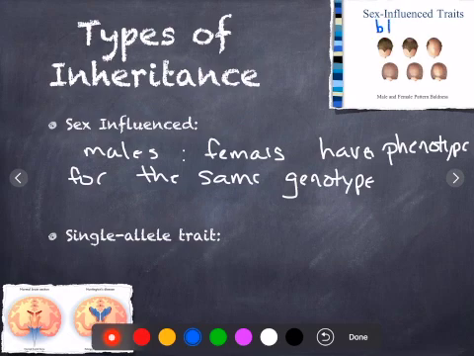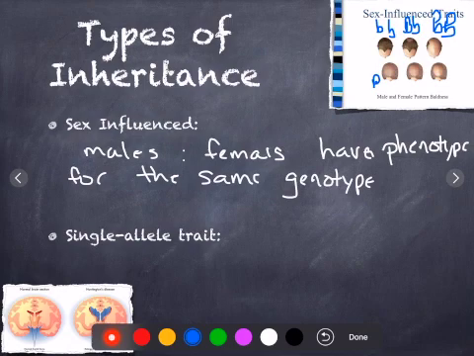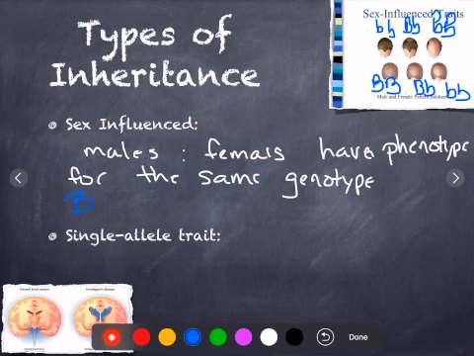Baldness is dominant in males and recessive in females. So in order to be bald in a female, you must be homozygous recessive. So in other words, a heterozygous individual, capital B, lowercase b: a male will be bald. A female will have normal hair. So there are two different characteristics for what we have.